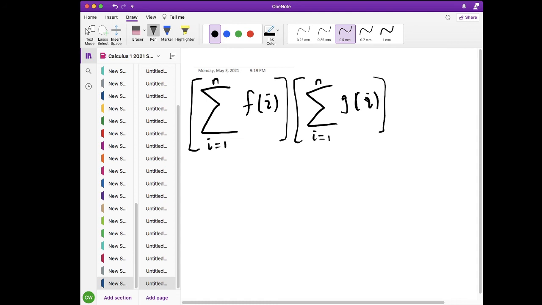So let's just say what this would be. First of all, this is not equal to just the sum of the product. And we know this is not true just based on normal sums. Right? We have a foiling property. This is pretty much FOIL.